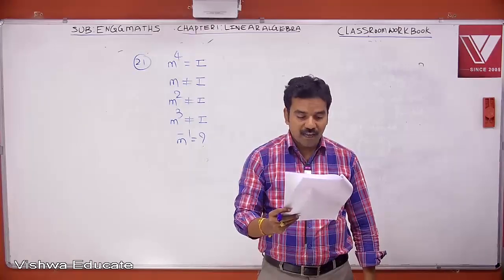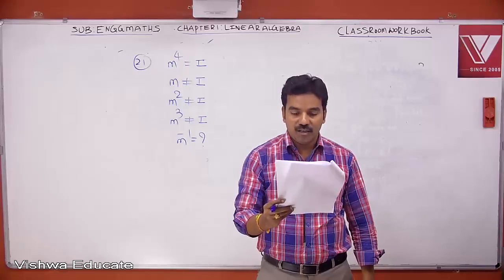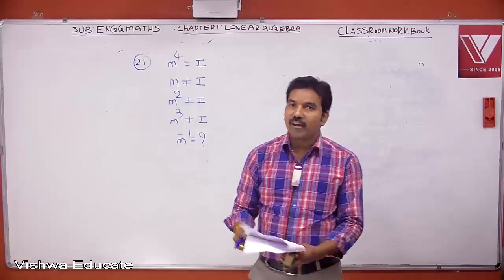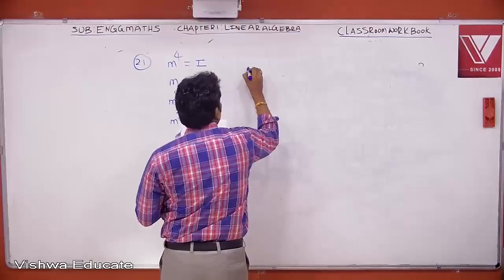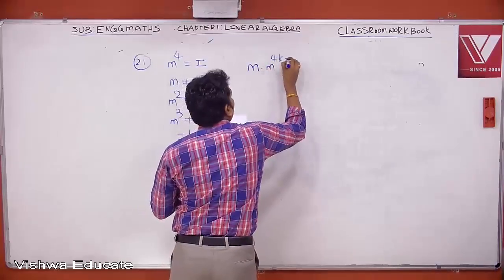So options were different: M power 4k plus 1, M power 4k plus 2, M power 4k plus 3, M power 4k. So let us verify options. Now multiply M with first option. The first option is M power 4k plus 1.